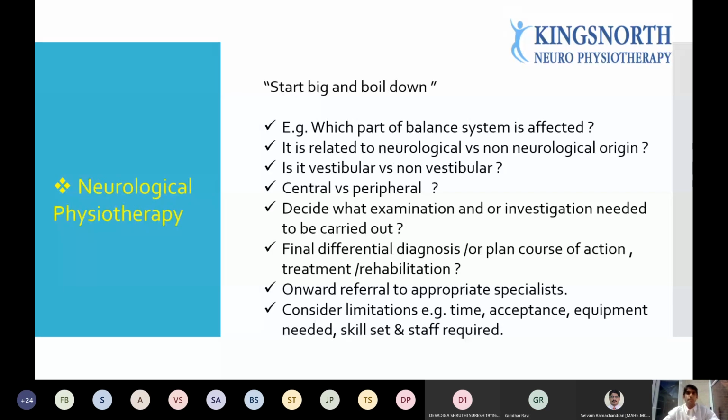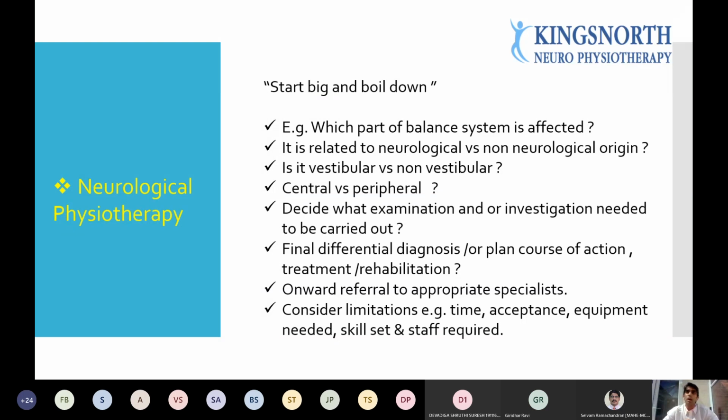The next one takes you more into the neurophysiotherapy world, because that is my core skill. Let's say I have a patient who has come with a balance problem.